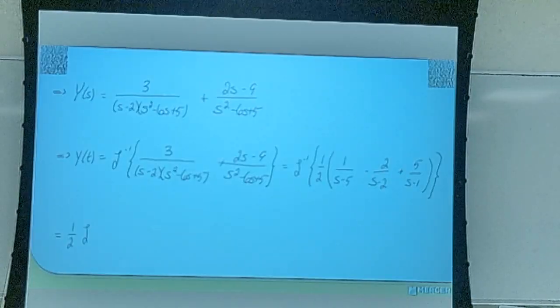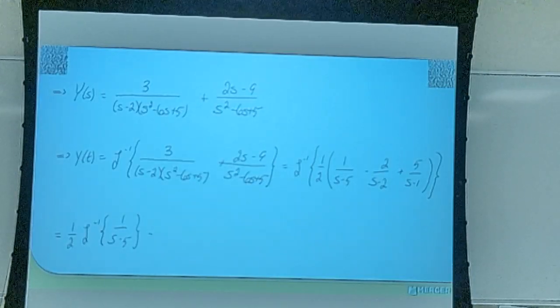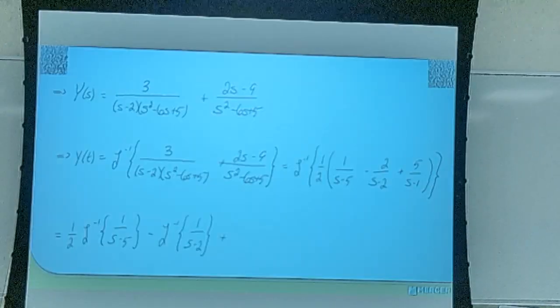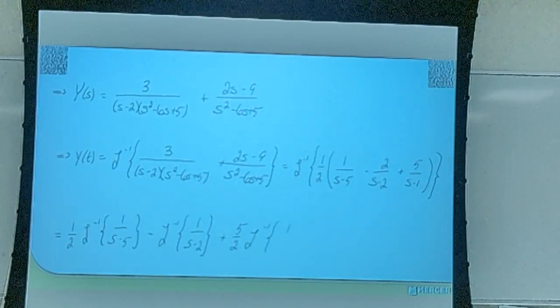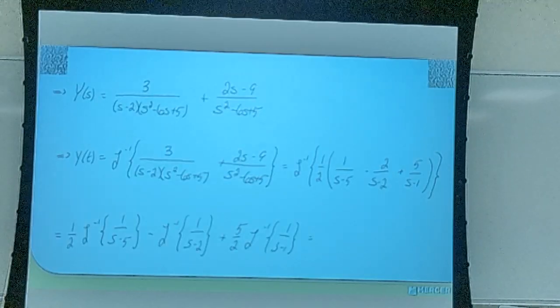And remember, the inverse transform is also linear. What is that first transform?